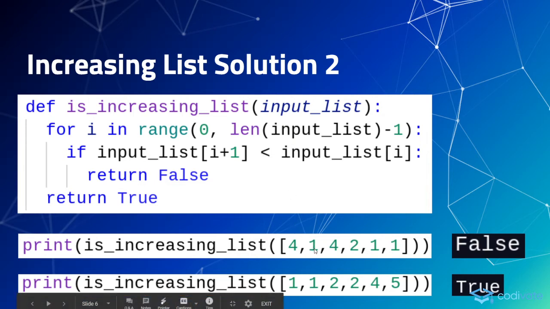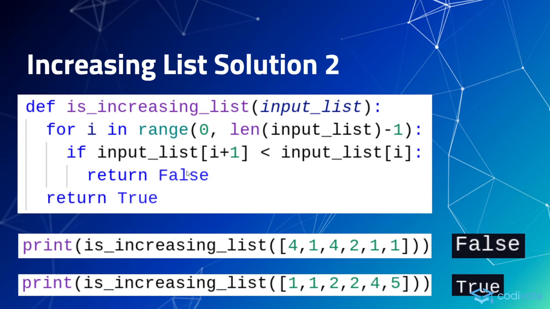So if this is less than this, as an example, if we were looping through the first part of the list, we'd have to return false because this indicates that a value after the current value is less than it, and if that's the case, we know it's definitely not increasing. If that happens at any point in the list, we return false and we're done with the function.